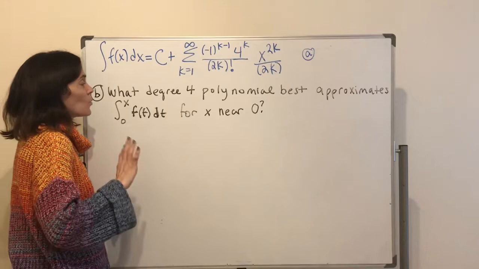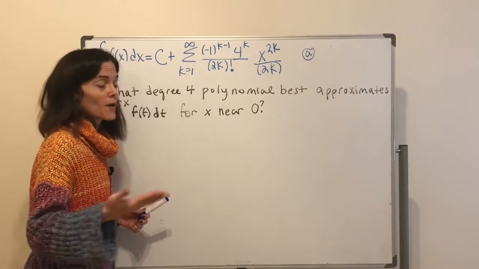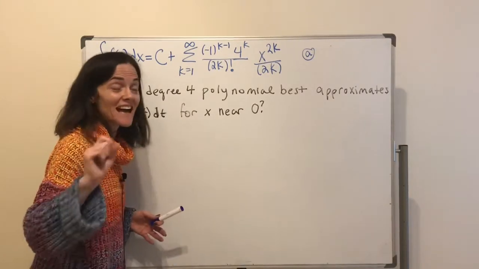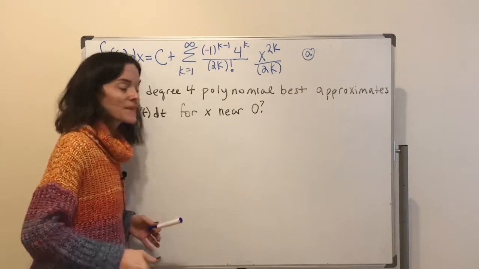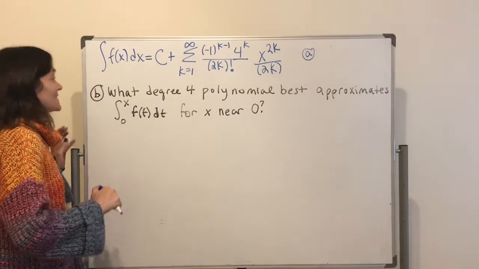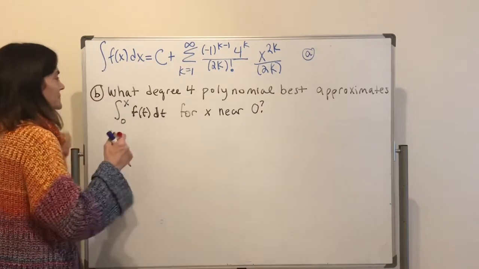And then what is its degree 4 polynomial part, which means we add up all the terms until we see an x to the 4th, and that will be the highest one that we use. Okay, so here we go. Let's start writing out terms.